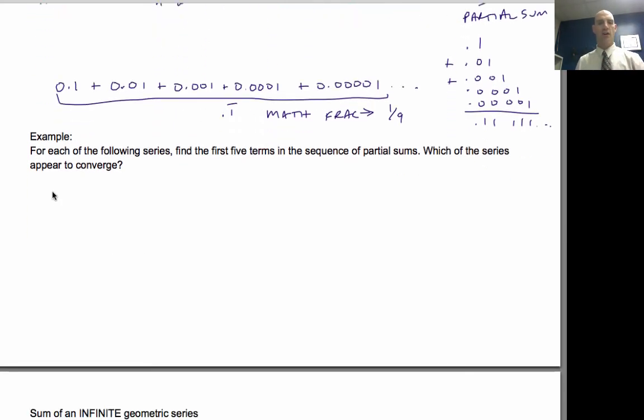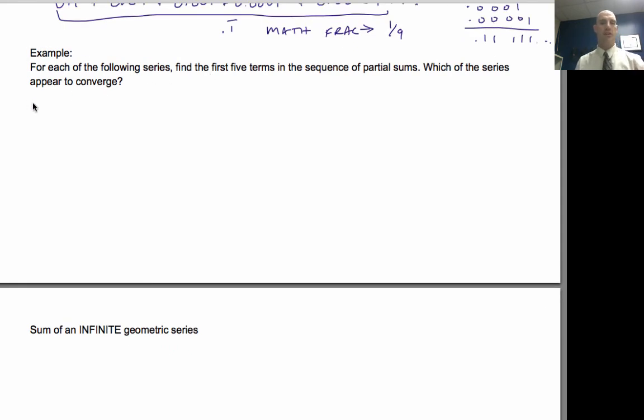For each of the following series, find the first 5 terms. Let's write them out. The first one is 0.3 plus 0.03 plus 0.003 plus 0.0003 plus dot dot dot. Where is that one going?